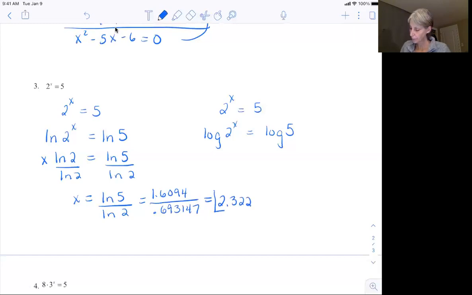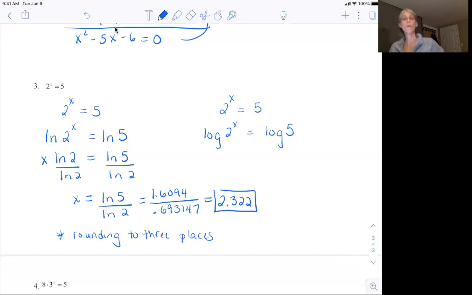Okay. Notice we're going to start rounding to 3 places. I believe I've talked about this already this year, but we definitely want to start rounding to 3 places. Let's finish it off with the log so you believe me and you trust me that you get the same number.